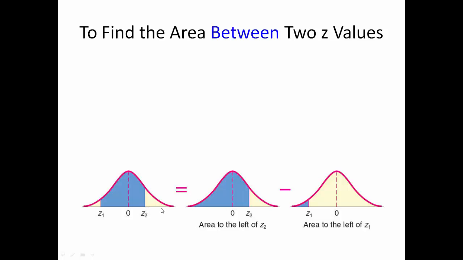Well, the key thing is if I do the same thing every time, then I shouldn't have a problem finding the area between two z values, and therefore once I find the area between those two z values, I find the probability that z is between those two z values.